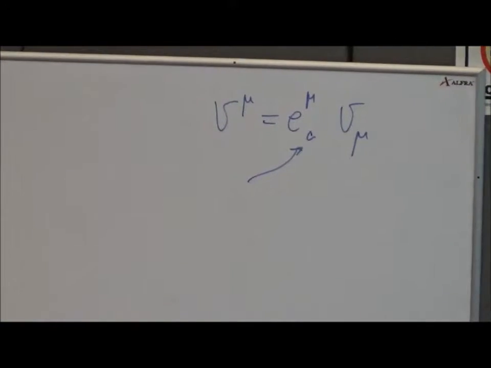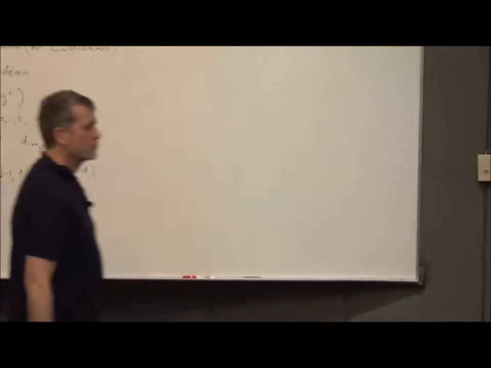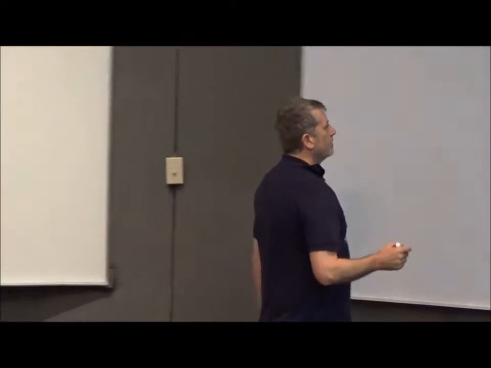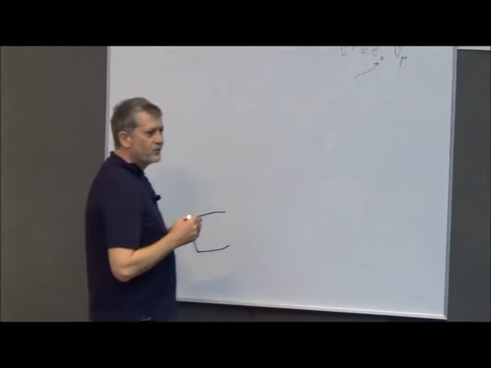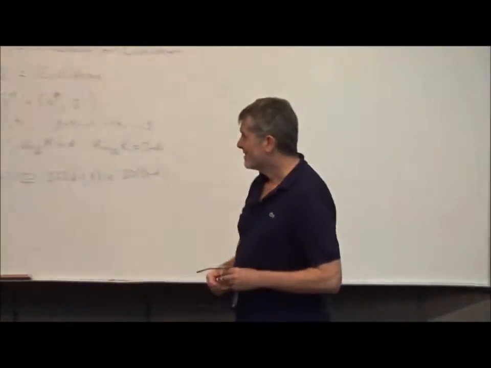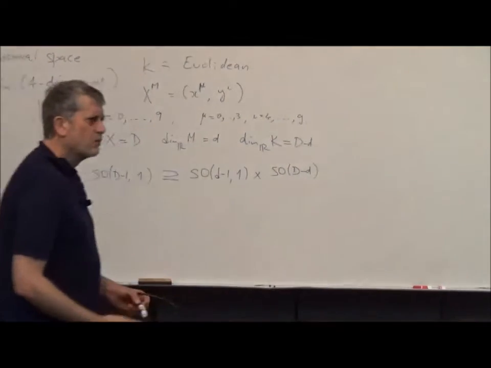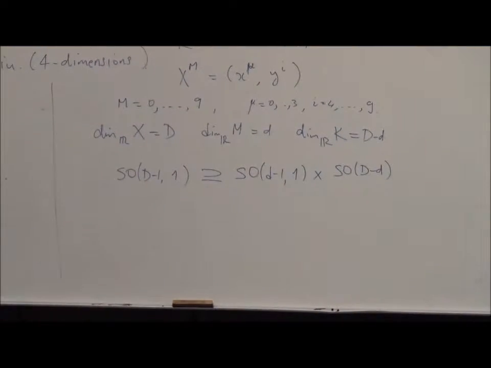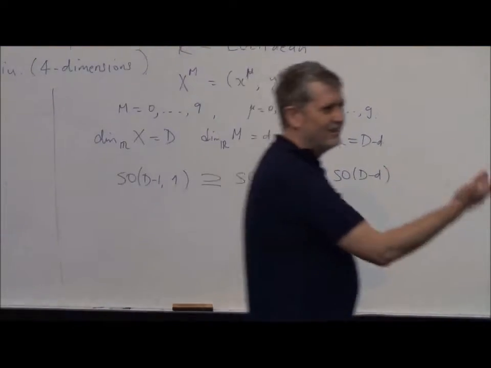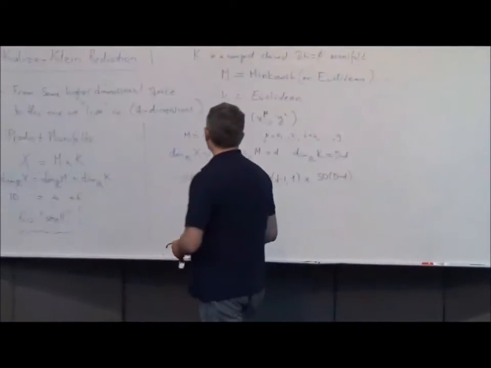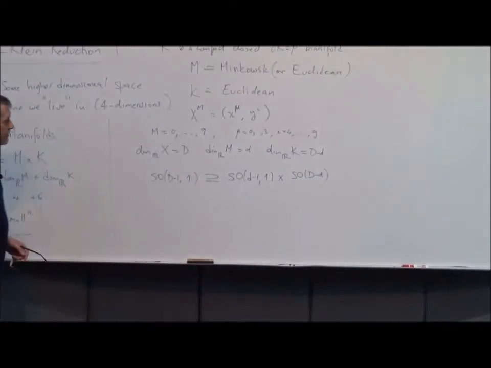So I can do that for any tensor, and as you saw, this is essentially what Nathan was doing. It's the local Lorentz group, yeah, exactly. But local Lorentz is really just another way of saying that if I look at a local part of the manifold, then it's like this. Okay, so anyway, these are the groups which are of interest to us.